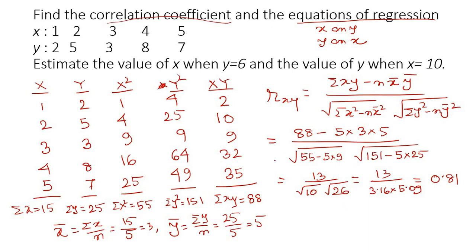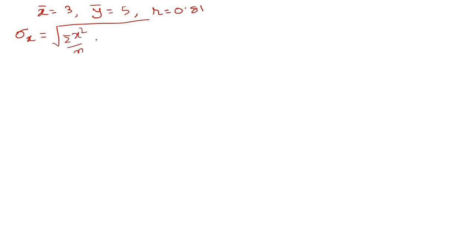For that we require sigma x and sigma y. Whatever we got, let us write here. My x bar was 3, my y bar was 5, my correlation was r equal to 0.81. Now let me compute sigma x. Sigma x is equal to under root of summation x square by n minus x bar square. This is 1 by 5 multiplied by summation x square.